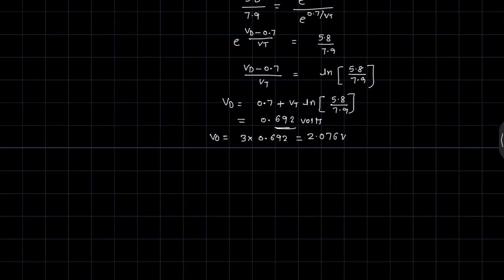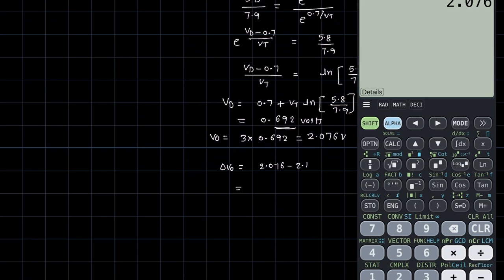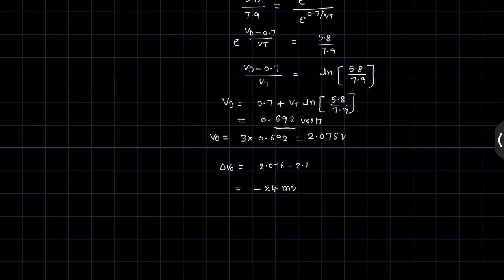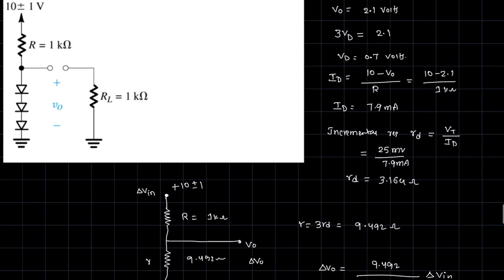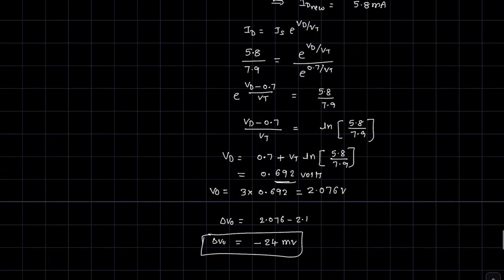By connecting a 1 kilo ohm load, the output voltage decreases by 2.076 minus 2.1, which is about minus 24 millivolts. So the output voltage varies by very little, just 24 millivolts, when connected to a load resistance of 1 kilo ohm.